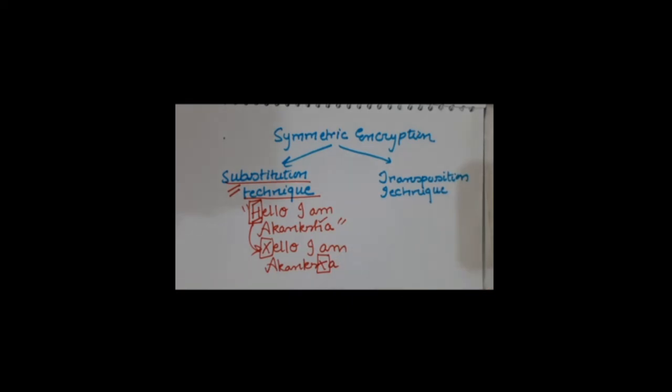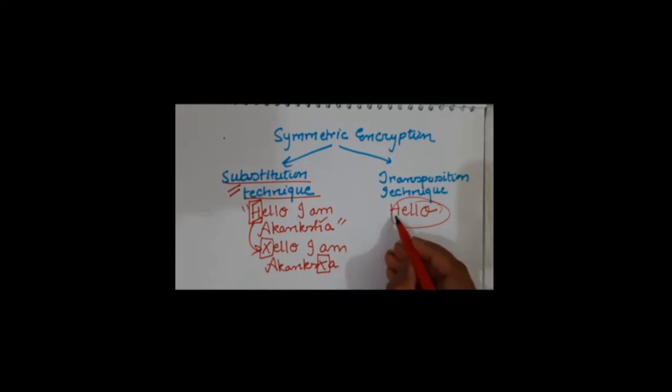Also understand the meaning of transposition. Transposition is a method of encryption by which the positions held by the plain text letters are shifted. For example, hello, and I decide to shuffle the ordering of these letters.